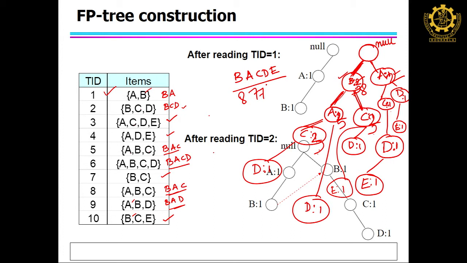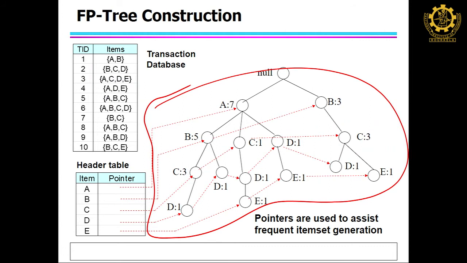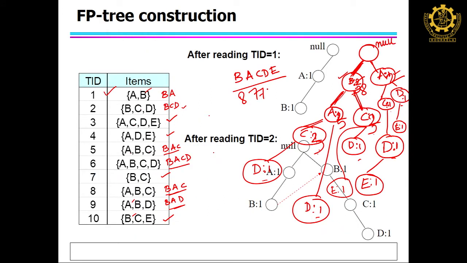Then D is 1, 2, 3, 4, 5. So, D is 5, and E is, this is 1, 2, 3. So, E is 3.